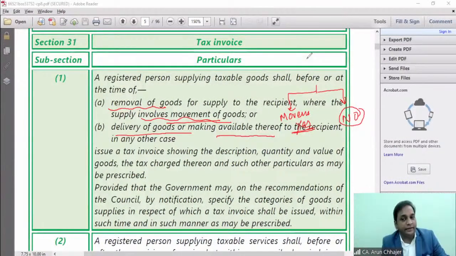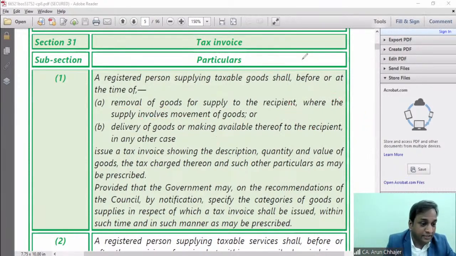Can anybody tell me any example where the movement of goods will not be there in the case of supply of goods? Give me one example. I hope you have already discussed this topic.